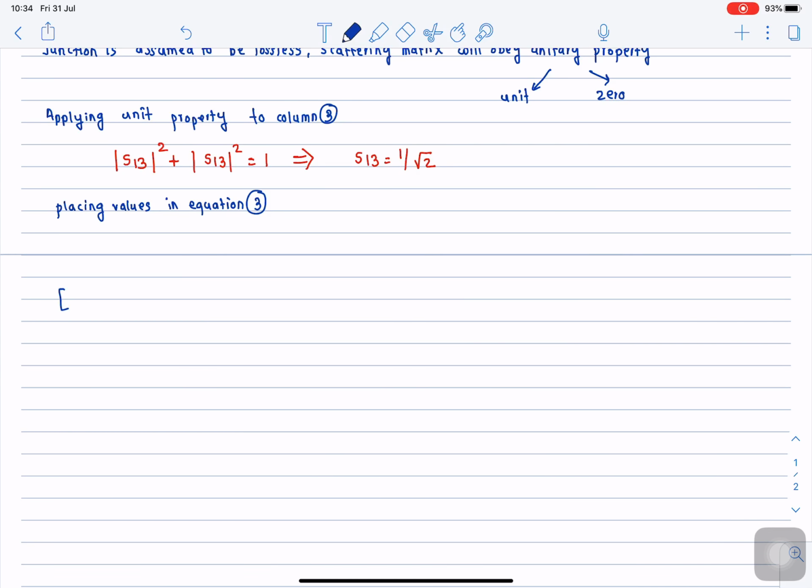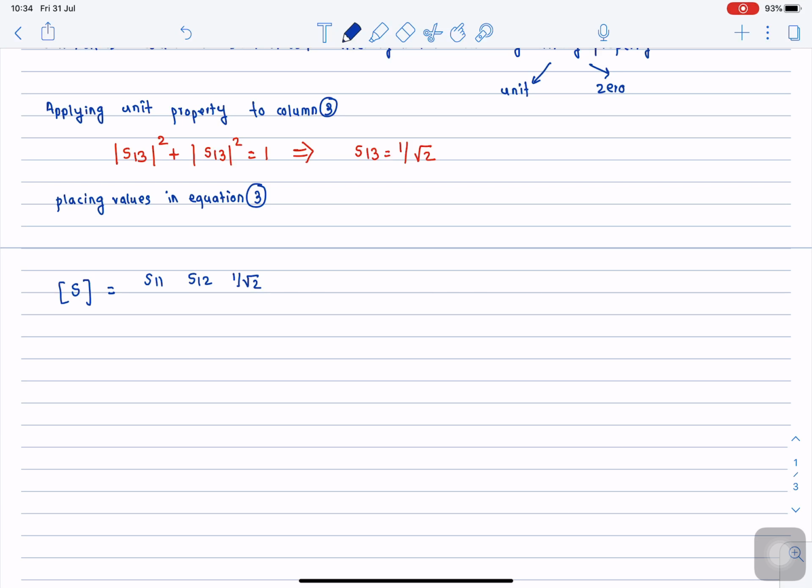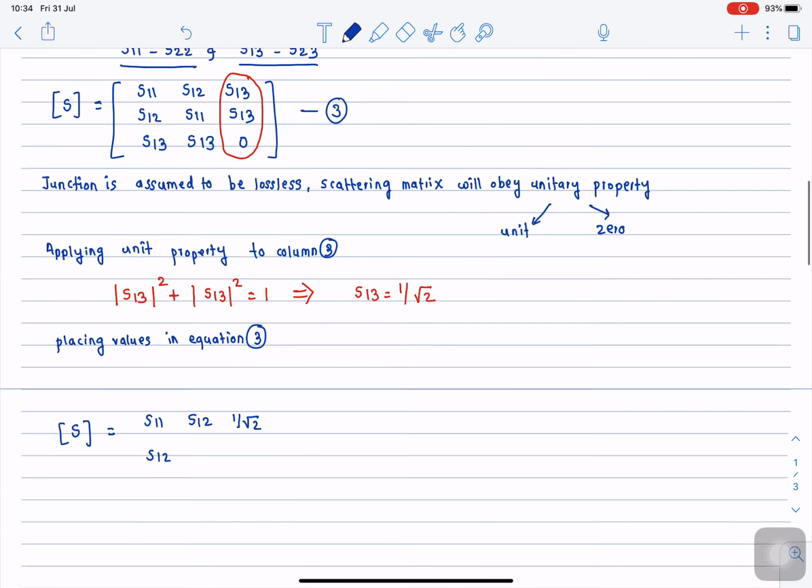Already we have got S13, it is 1 by root 2. S12 as it is. The next term is S11, I will write it as it is. The third term is S13, now I will replace that with 1 by root 2. And in the third row both are S13, so I will replace them with 1 by root 2 and 1 by root 2, and the last term is already 0. Call this matrix equation number 4.